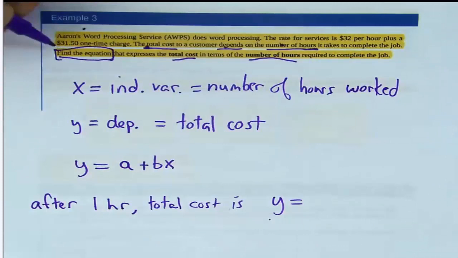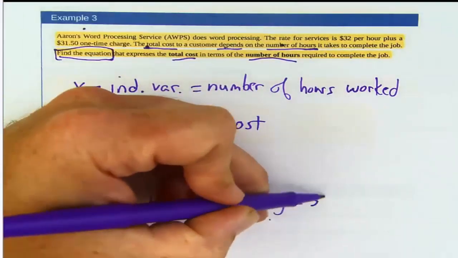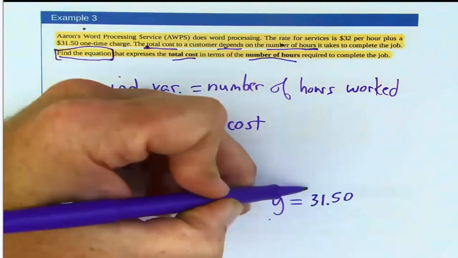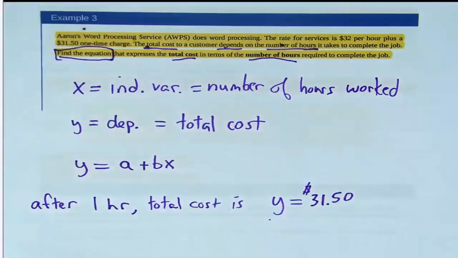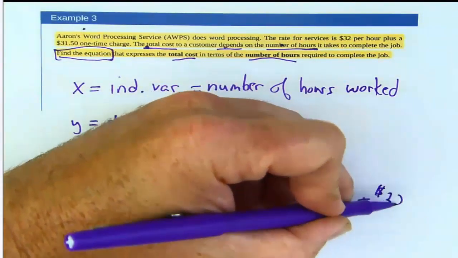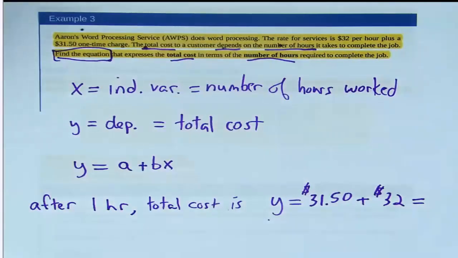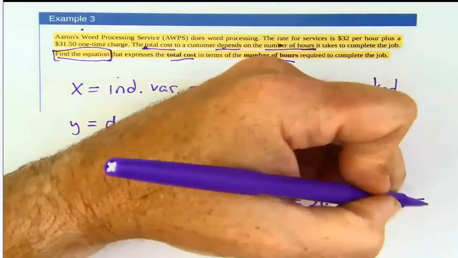We're charging a one-time fee of $31.50. And so the total cost will be $31.50, right? The one-time charge, plus $32. And so that's going to come out to, I guess, let's see here, $63.50.